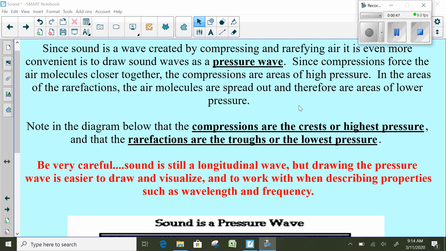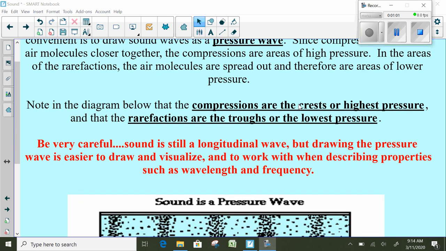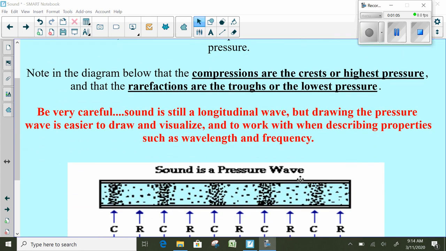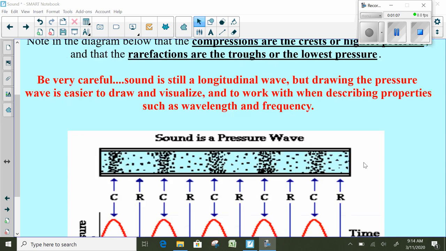Now, it turns out it's really inconvenient to draw pressure waves, longitudinal waves. So it's much easier to take a look at the pressure of that air or that medium and turn it into a picture that's more familiar. So just be careful. Sound is still longitudinal, and it looks like this, but it's a lot easier to do the following.